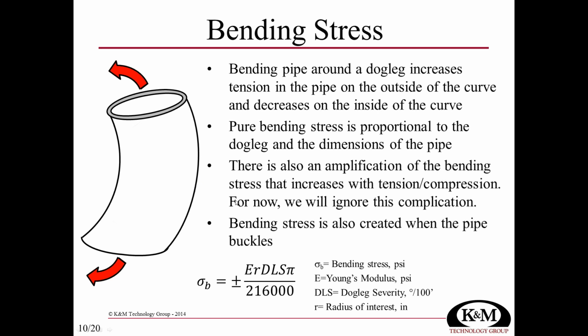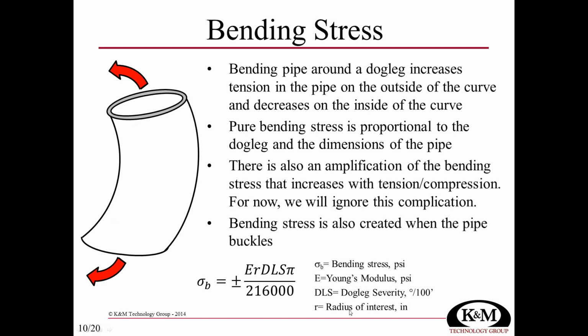But for now, bending stress, simple pure bending around a curve, is calculated by taking the Young's modulus times the radius of interest, which really means how far from the center of the pipe to the point on the tubular that we want to analyze. The radius would be from the center to the ID surface, if we're interested in that point on the pipe, or from the center to the outside surface of the pipe if we're interested in that point.